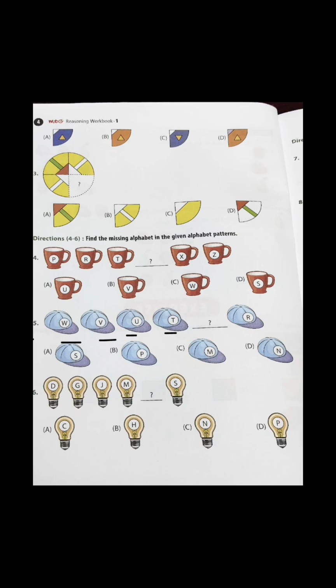In 5, first we have got W and after that we have got V and after that we have got U and then T. Let's use this too. We will subtract one letter from this. So what comes before W? It's V.